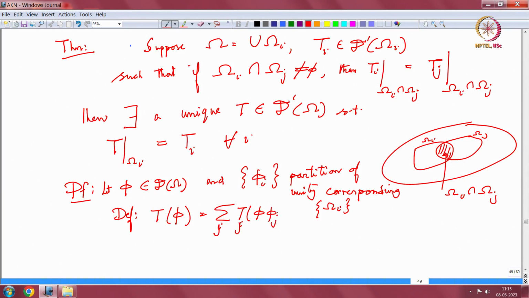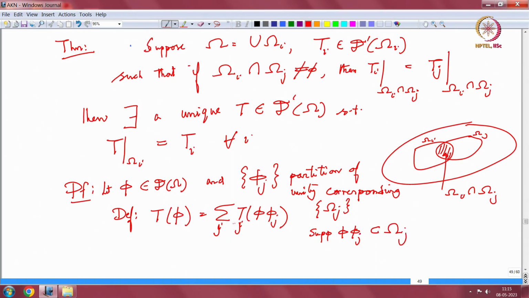If you want uniform notation, let me use phi I j, omega j. There is nothing wrong, I am just writing T of phi phi j. Note that the support of phi phi j is in omega j, keep that in mind.